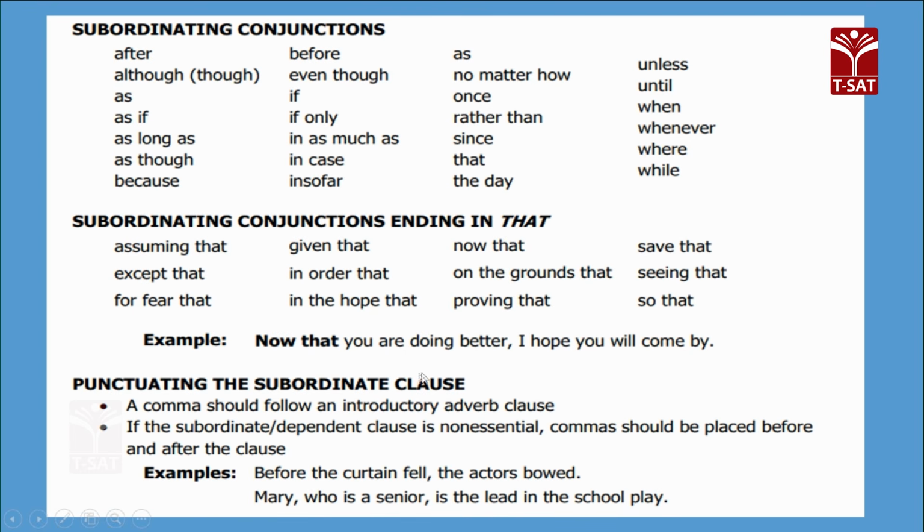See here, before the curtain fell, the actors bowed. That is the first aspect. Mary, who is a senior, is the lead in the school play. This is the second aspect. So, that is how you go about using appropriate punctuation marks.